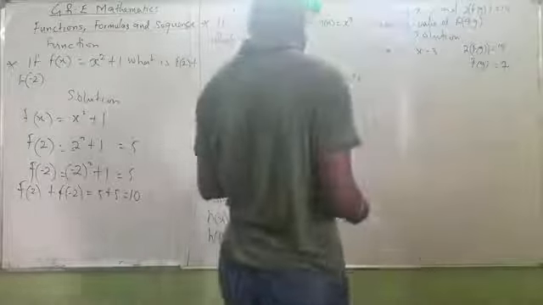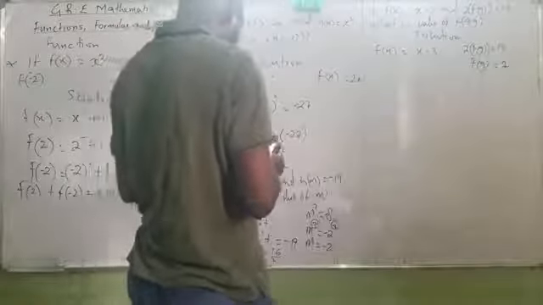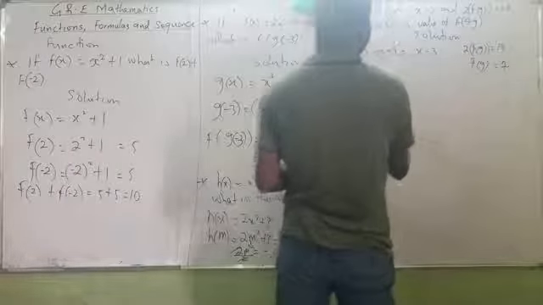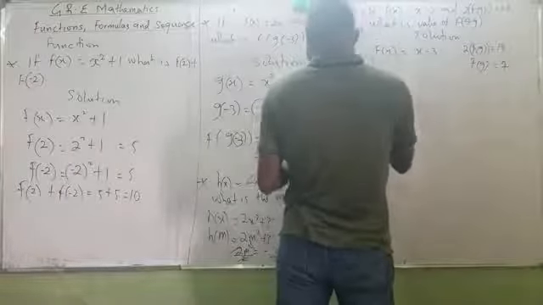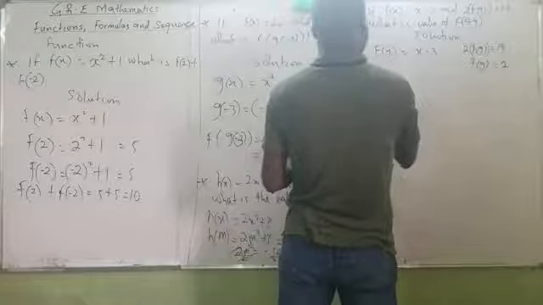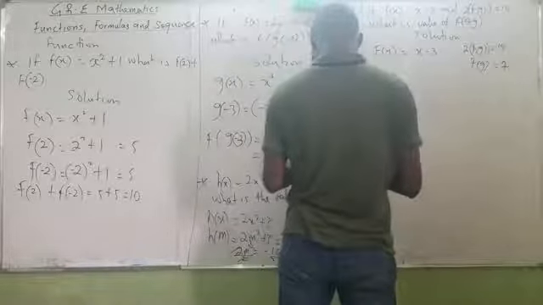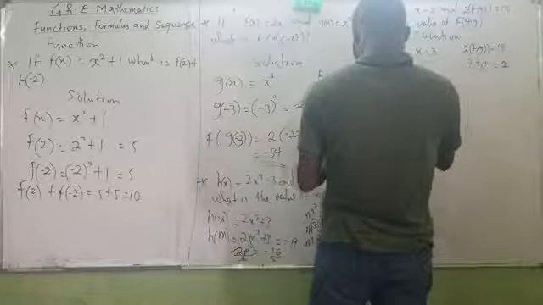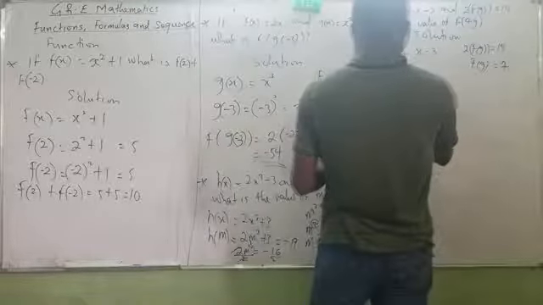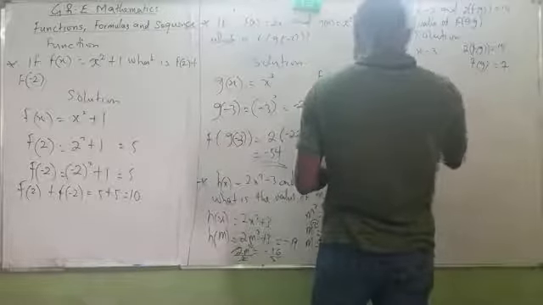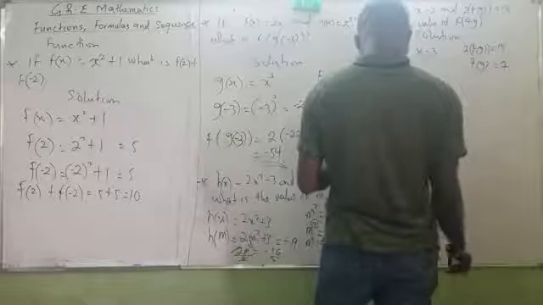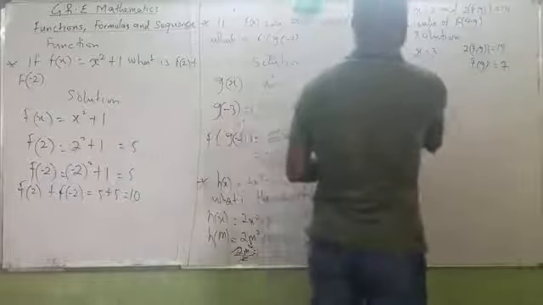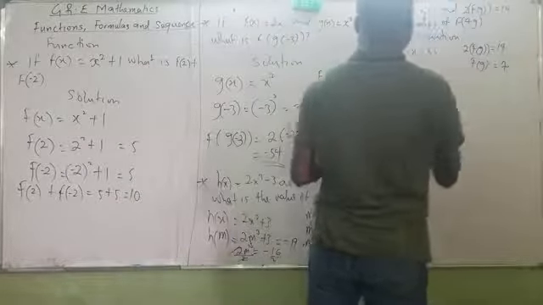Since I have that, I can now say that my f of g will be equal to... 7 minus 3? No. f of g, I think I need to do it this way. f of g will be g minus 3.